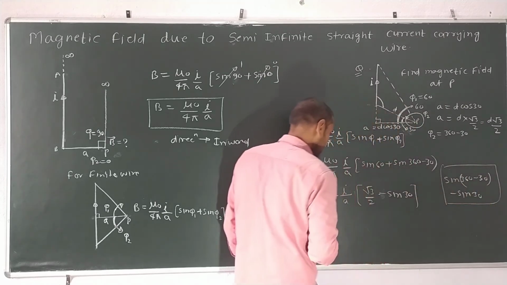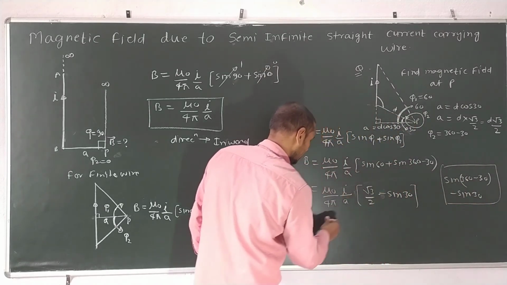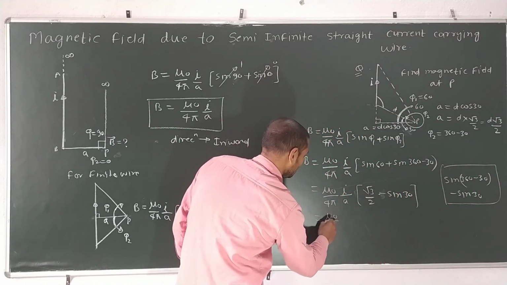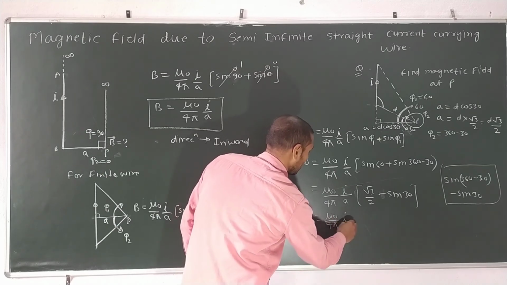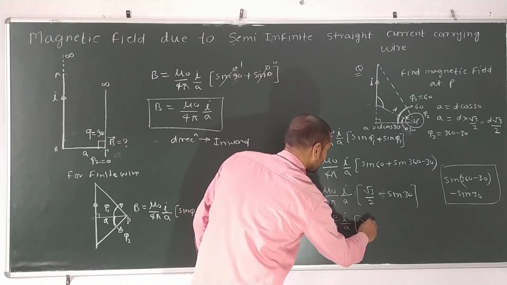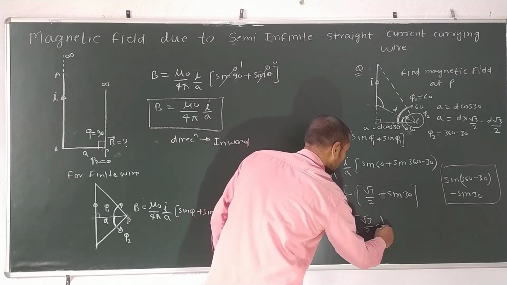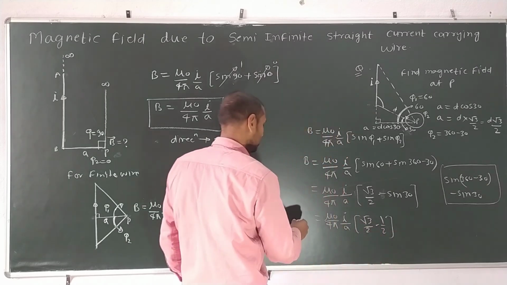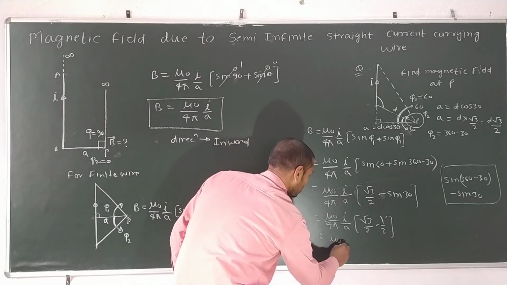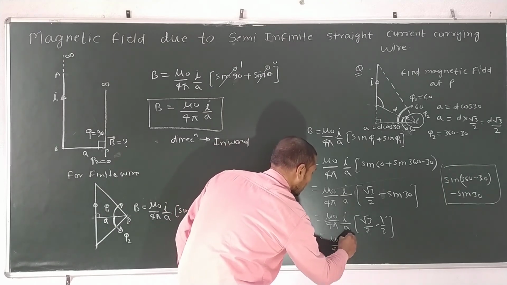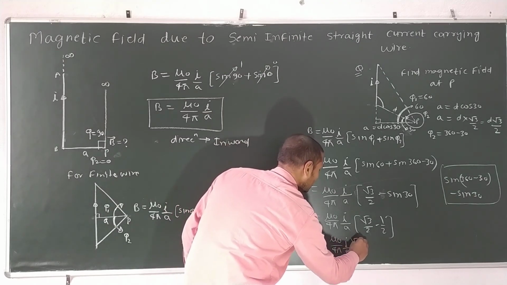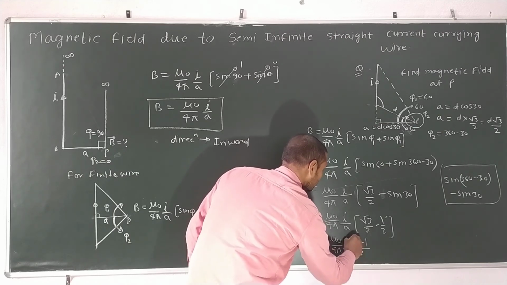After solving it you get mu naught upon 4 pi, I upon A, root 3 upon 2 minus 1 upon 2, and after it you get mu naught upon 4 pi, I upon A, root 3 minus 1 upon 2.